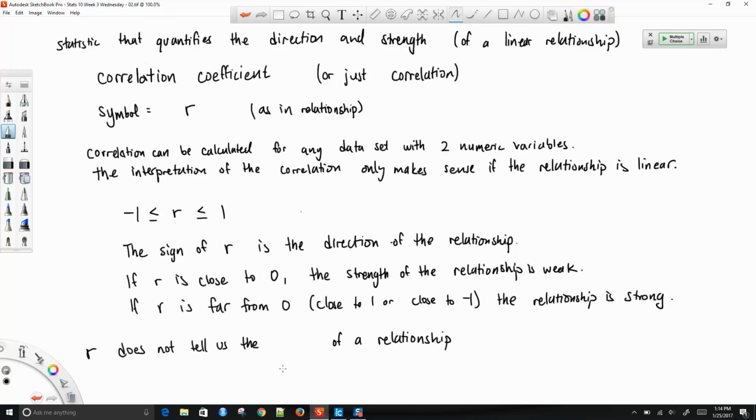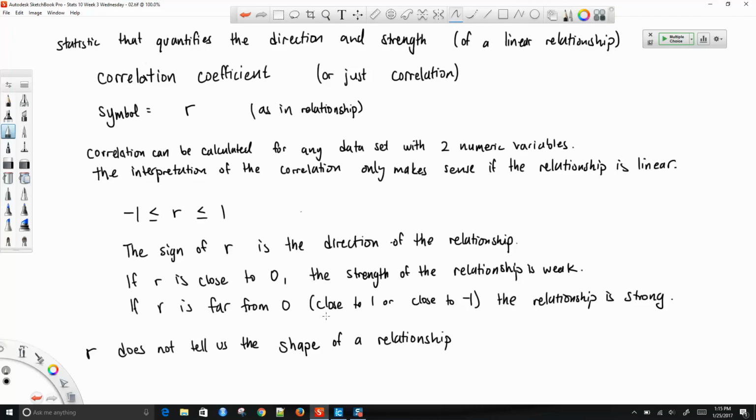I apologize, it tells us the strength, it does not tell us the shape. So R will not tell you if it's linear or nonlinear. The only time you can say R tells me it's linear is if R is equal to 1 or R is equal to -1. Even when R is 0.99, it doesn't mean that it's linear.